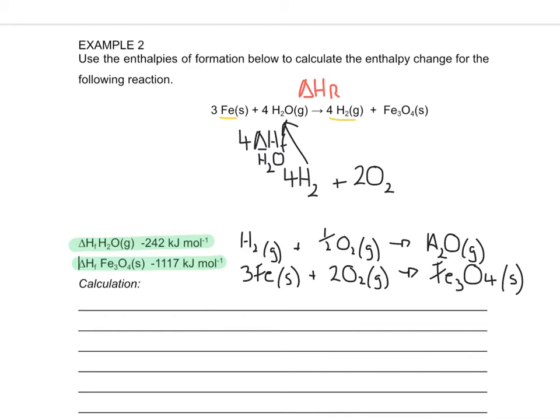Now there's only 1 mole of this iron oxide. So what I need to add to my bottom line then is 3 iron atoms. Now these 3 iron atoms and 4 oxygen atoms will react together to form iron oxide. So I have got here the delta HF for this iron oxide.